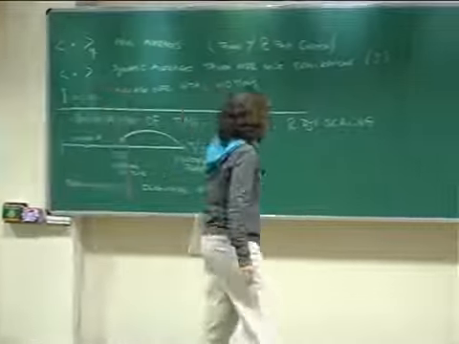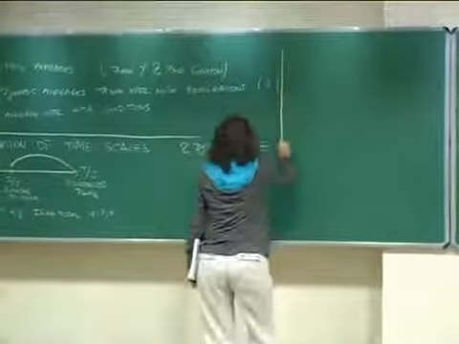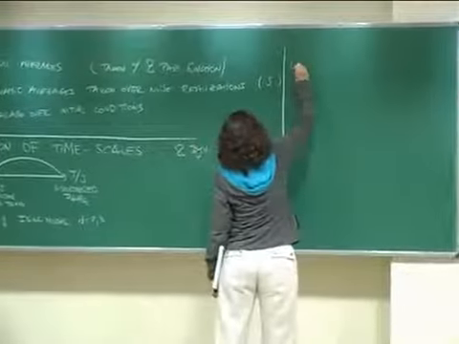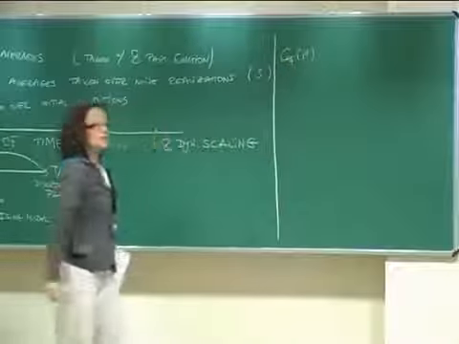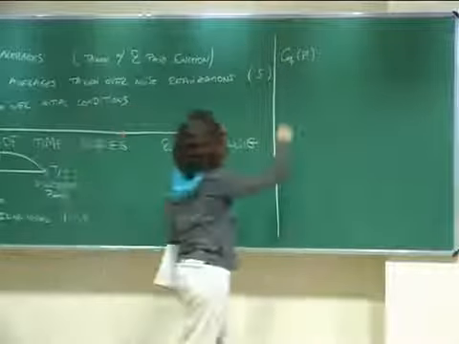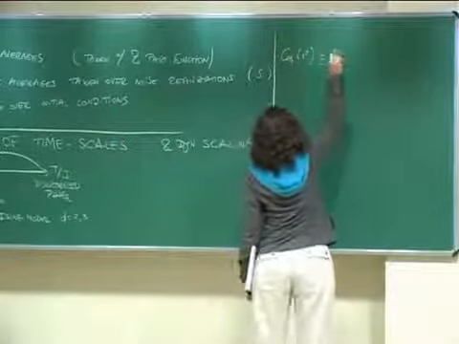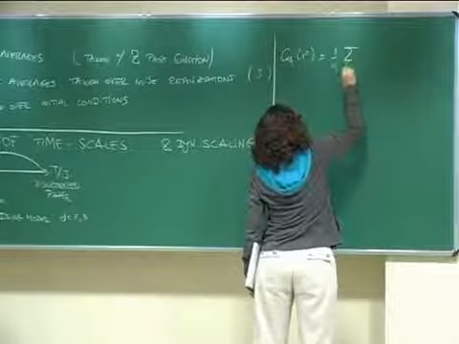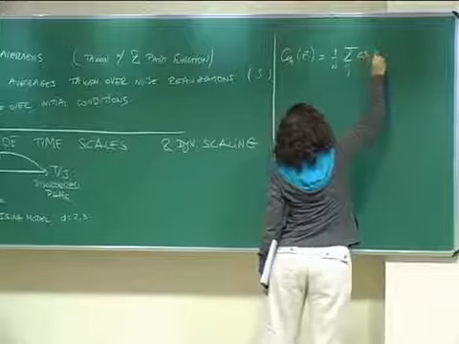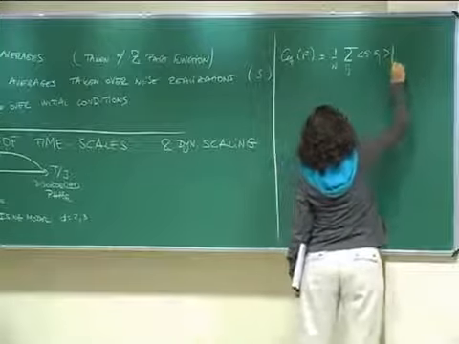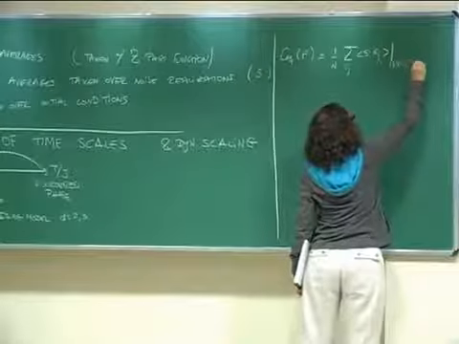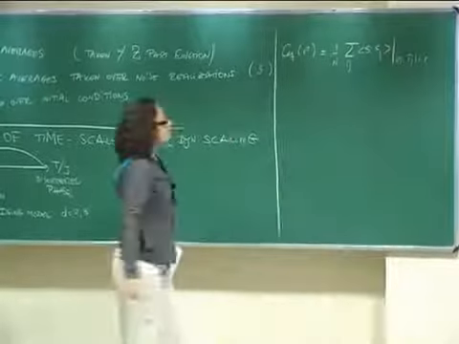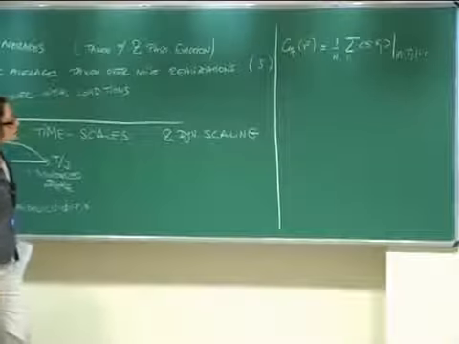So, just recalling what I said, I talked about the equilibrium correlation function in space, and this I defined in the usual way. The correlation between two spins at a distance r within the sample.